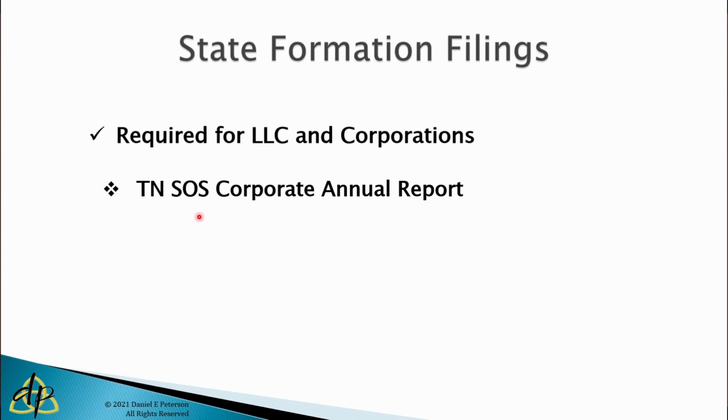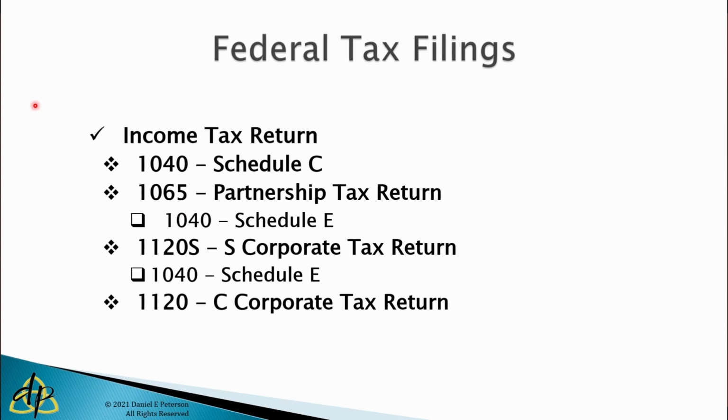At the federal level, depending upon your entity type, you will be filing an individual Schedule C as a sole proprietor or single member LLC. As a partnership, you'll be filing a Form 1065 at the federal level, and the individual partners will report their respective part of that partnership income on Schedule E. If you're an S corporation, you'll be filing an 1120S, and the individual shareholders will be reporting their respective part of the net income on their Schedule E on their 1040.